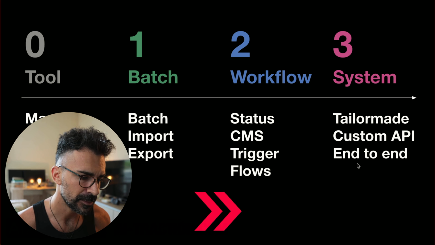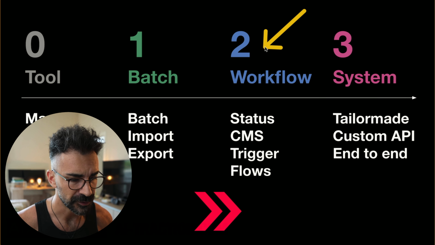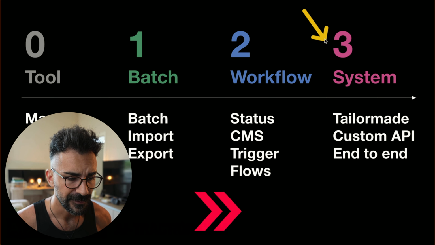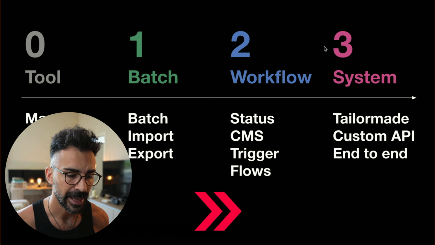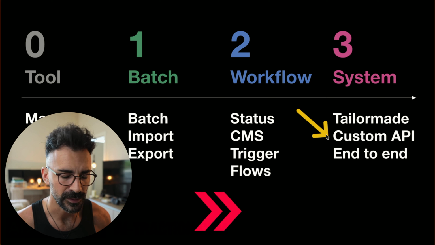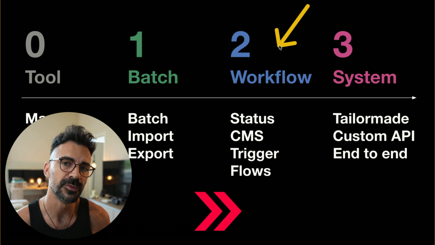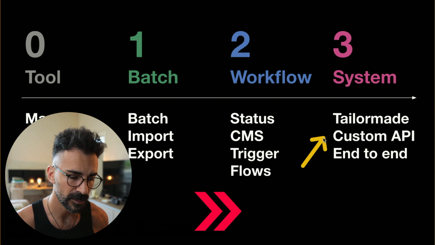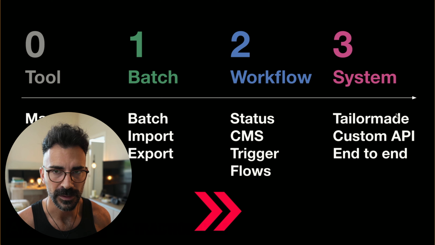So it's not something you can build on your own very easily, such as these 1 or 2 levels. In level 3, you do require at least a software developer that helps you to build some part of a software, because you can work with tools to create automation, but you do need some kind of software development to build tailor-made API and part of processes.